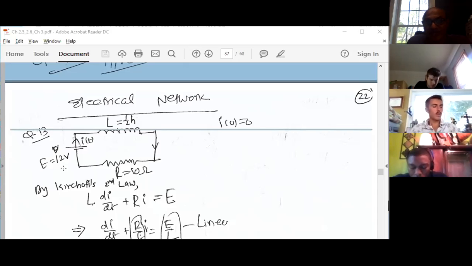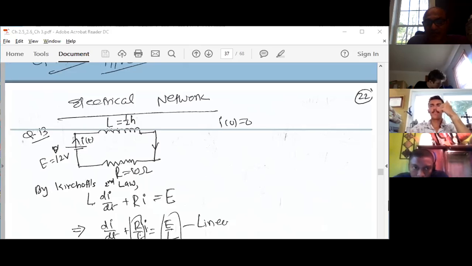Okay. And Kirchhoff's second law says that the voltage drops across the different components add up to the total electromotive force. The voltage across the inductance L is given by L times di/dt, always L di/dt. Those who are electrical and computer science majors and physics majors know this very well.